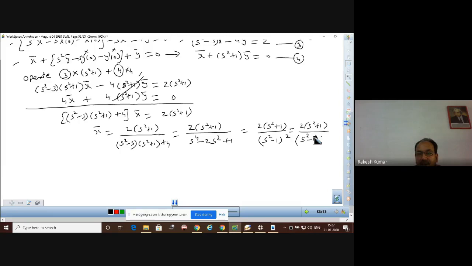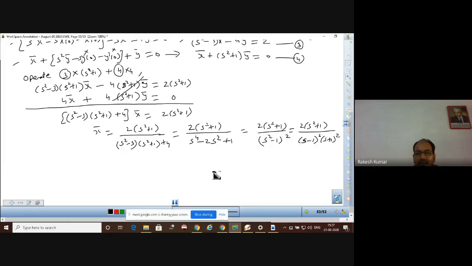Now s² - 1 can also be written in another way. You can simplify like this also. In the denominator you can apply the formula of a minus b and a plus b, so (s - 1)² and (s + 1)².